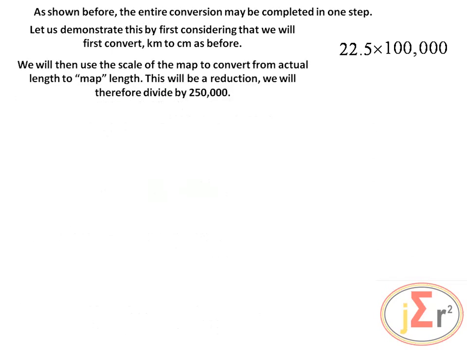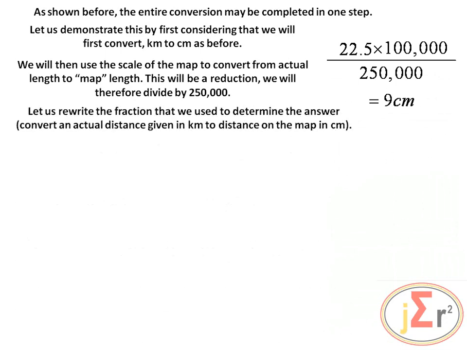We will then use the scale of the map to convert from actual length to map length. This will be a reduction because we are going from actual to the map. So we need to go down. We need to get a smaller figure on the map. Therefore, we will divide by the scale of the map, which is 250,000. And that will give us 9 centimeters.